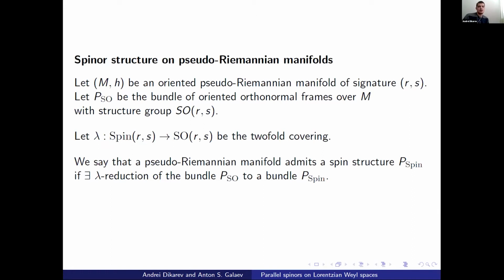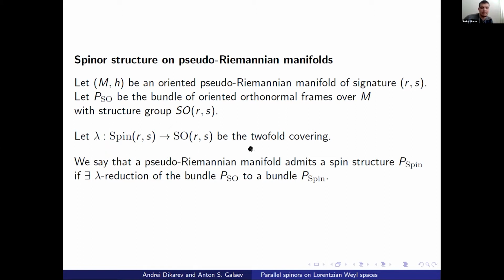So, spinor structure on pseudo-Riemannian manifolds. Suppose we have an oriented pseudo-Riemannian manifold (M, h) of signature (r, s), and denote by P_SO the bundle of oriented orthonormal frames over M, with structure group SO(r, s).